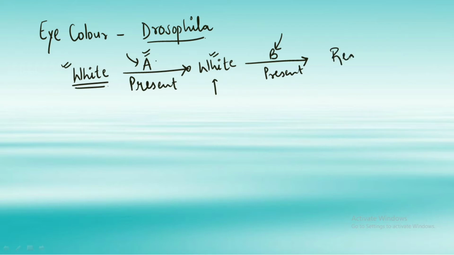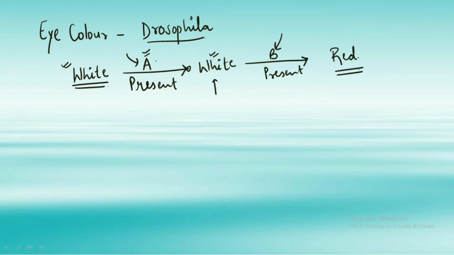As a result of A being present in the Drosophila having the white eye color, we have the formation of the same white eye color, but there are some chemical reactions which are not very visible in this generation. Now experimentally we take an allele B and this is now present, and because of some chemical reactions done by the presence of allele A in the first experiment, the eye color now changes to red.